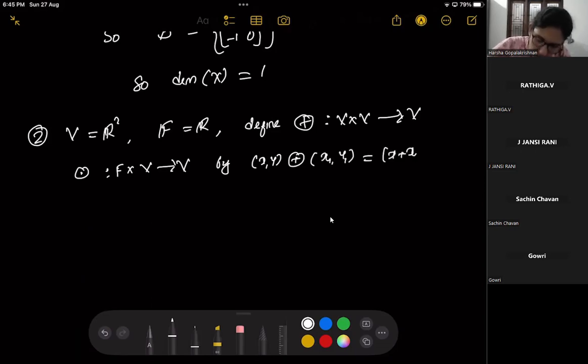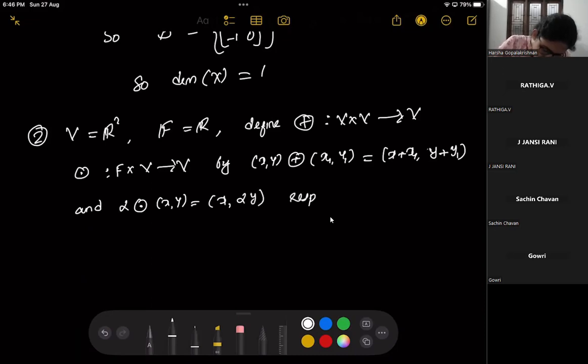The addition is the same as the usual component wise addition, but the scalar multiplication is defined differently. So the question is whether this V is a vector space over R or not.